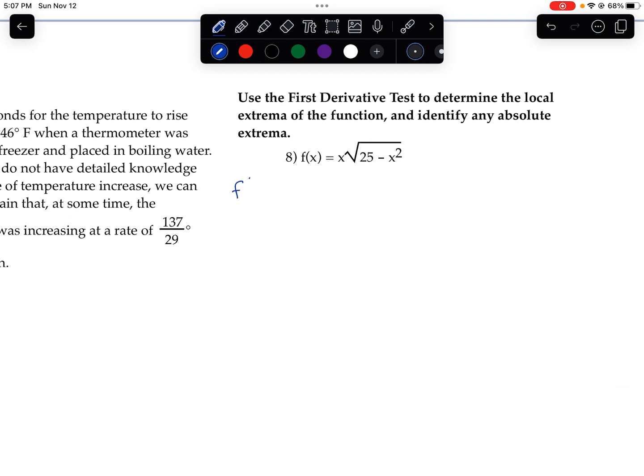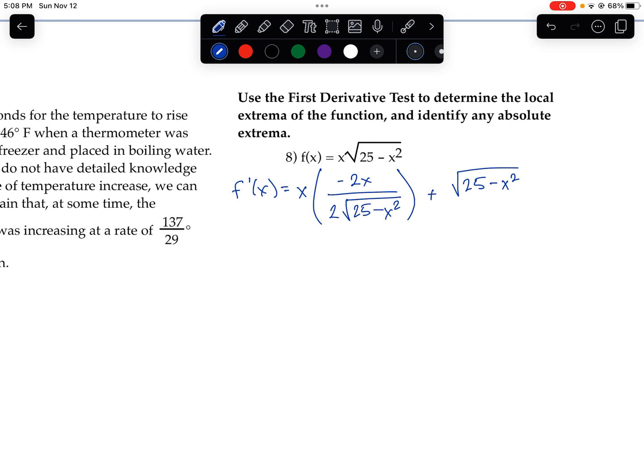So f prime of x, we're going to use the product rule, so it's going to be the first times the derivative of the second, which is going to be 1 over 2 square root of 25 minus x squared. Of course, you have to multiply the numerator by the derivative of the inside, which would be negative 2x, plus the derivative of the first, which would be 1, times the second, which would be the square root of 25 minus x squared.